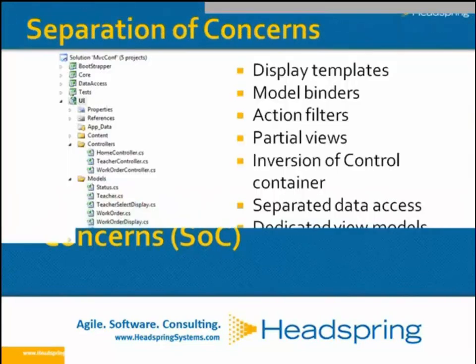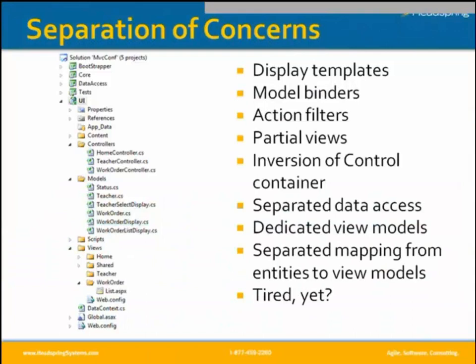Now, let's go ahead and separate out these concerns. Instead of just one web project and just everything in the controllers and our database, let's look at the Visual Studio solution on the left, and let's look at what we can split out. So we can split out data access. We can split out a core project that has some core stuff, and I would put work order and teacher in core, but I don't want to muddle this graphic here.